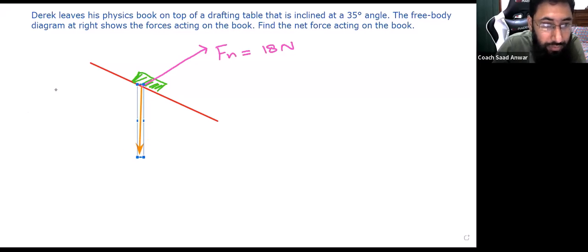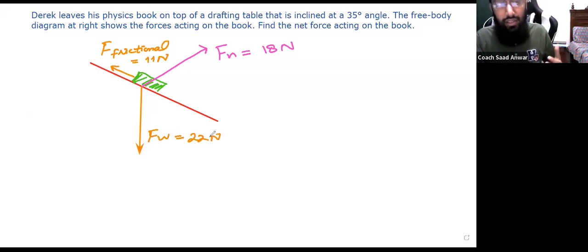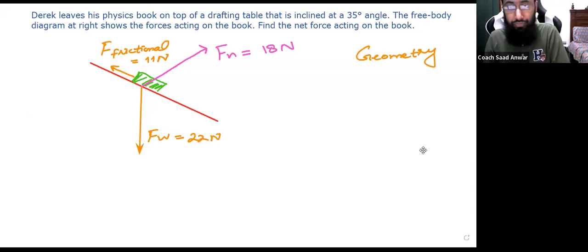And there is a frictional force in this direction, F friction, and its value is also given in the question, 11 Newton. I have to find the net force, and the force due to weight, or you can say weight, is 22 Newton. So guys, to understand this question, we must know geometry and a little bit of mathematics as well.